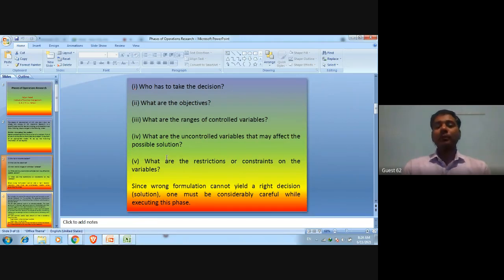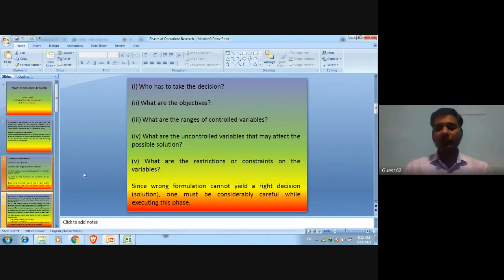So the identification of the problem is very important. You have to formulate your problem carefully. This is the first phase of operations research, where you identify your problem and formulate it.